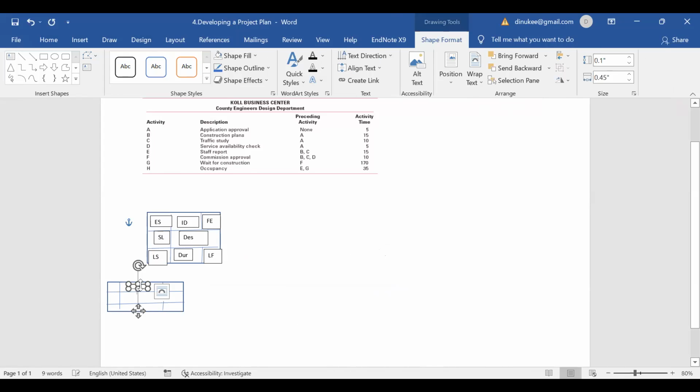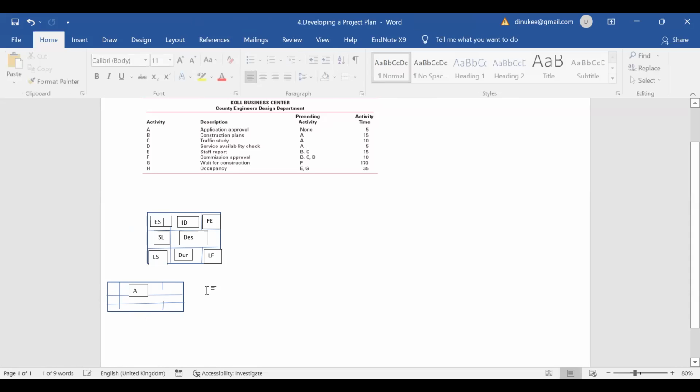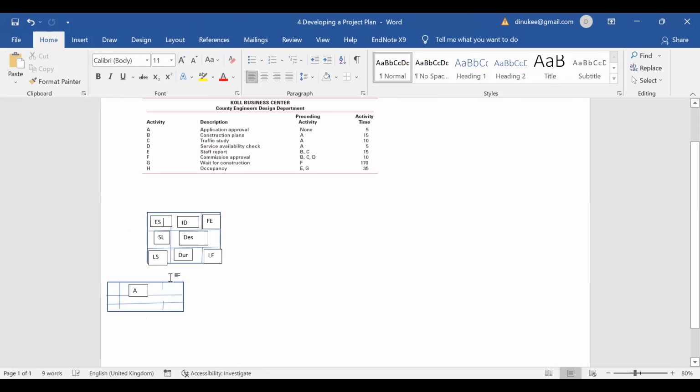And the duration for the activity A is given as 5.